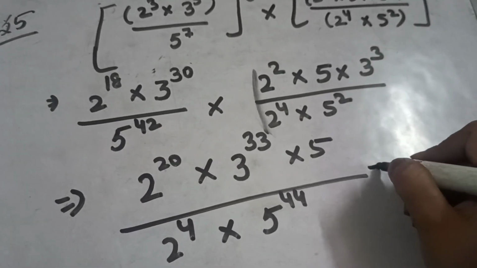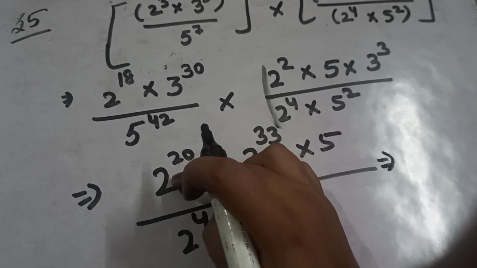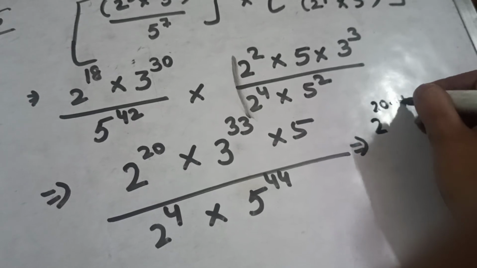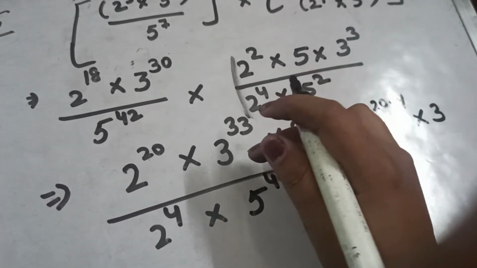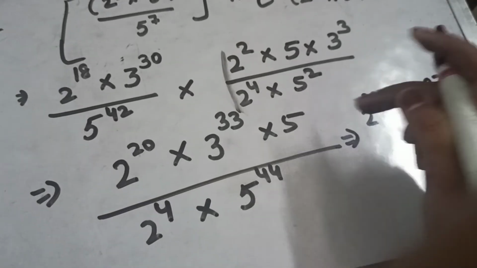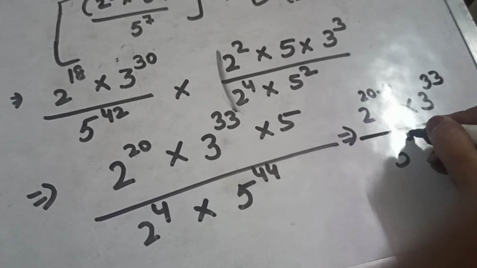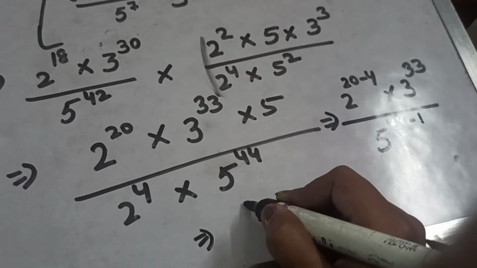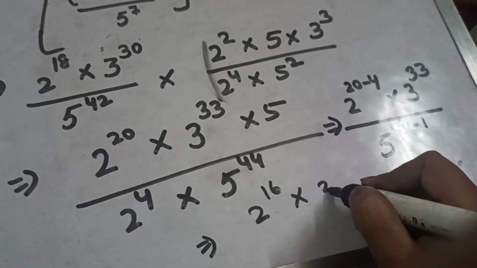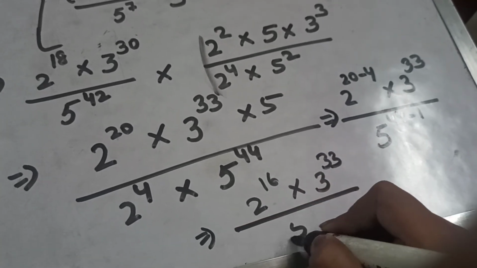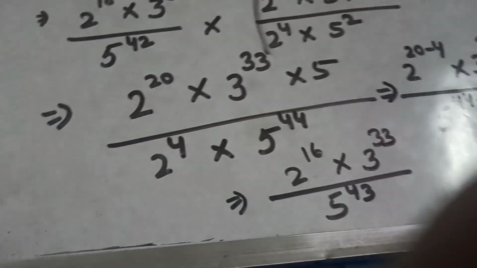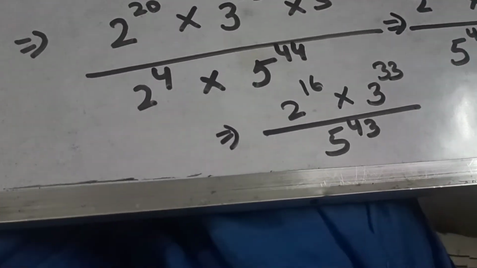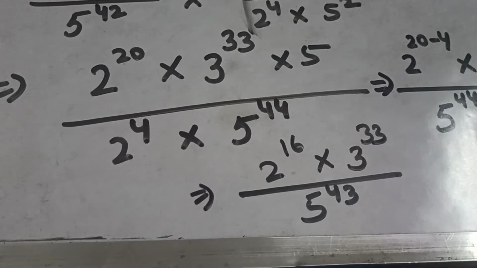Now equals to, see here the base is same and this is in division, so the powers will subtract: 20 minus 4. Multiply 3 the power 33 as it is. 1 5 is here, so we will take it down: 44 minus 1. So the complete one is 2 the power 16 multiply 3 the power 33 by 5 to the power 43. Clear this one? 2 the power 16 multiply 3 the power 33 by 5 the power 43.